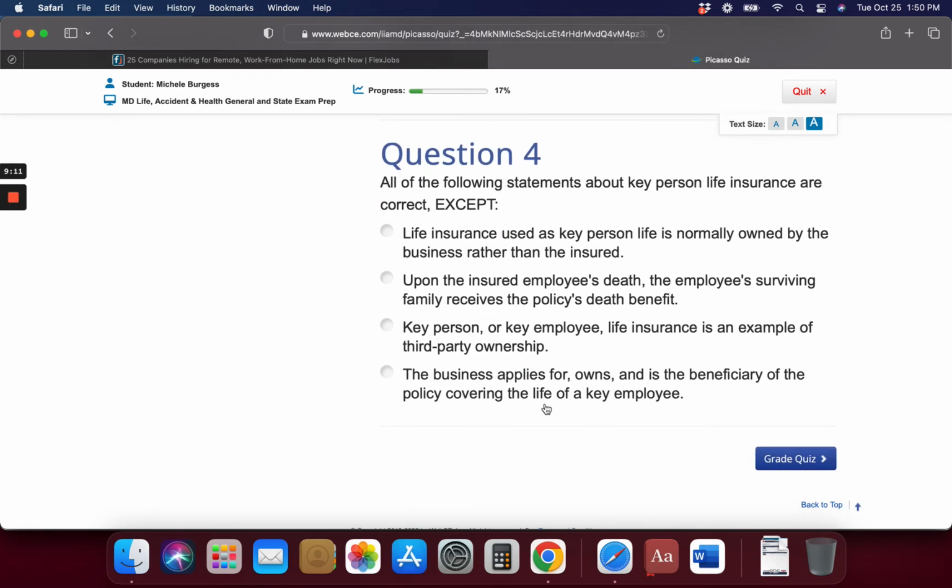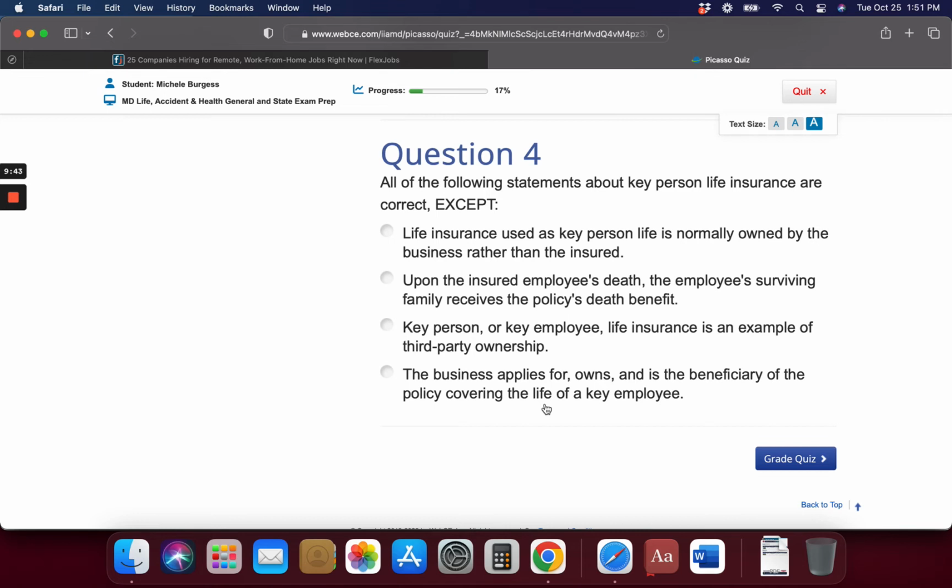All the following statements about key person life insurance are correct, except life insurance used as a key person life is normally owned by the business. This is the one that is incorrect, by the way, because it's kind of confusing the way we're reading this. All the following about a key person life insurance are correct, except which one is not correct. The business applies away from the key employee.